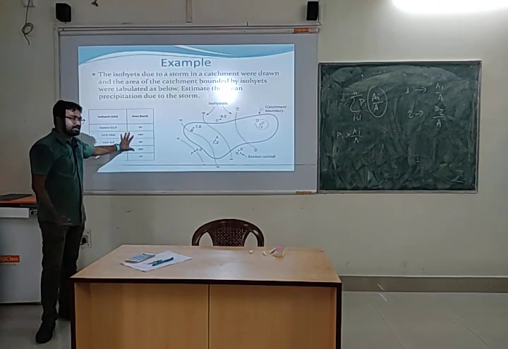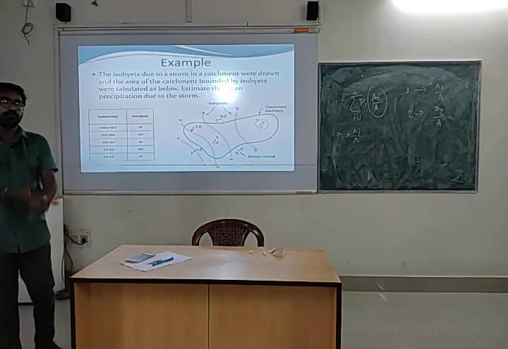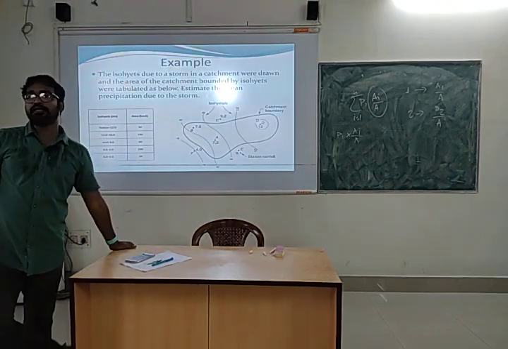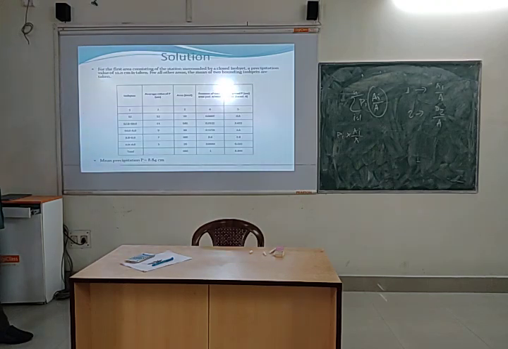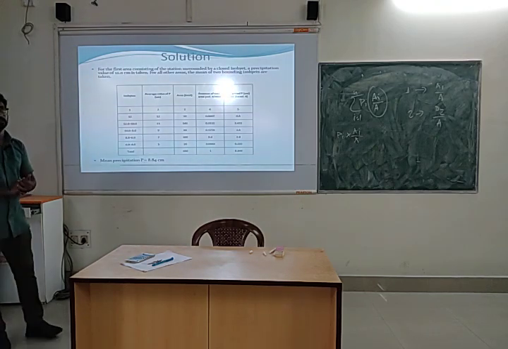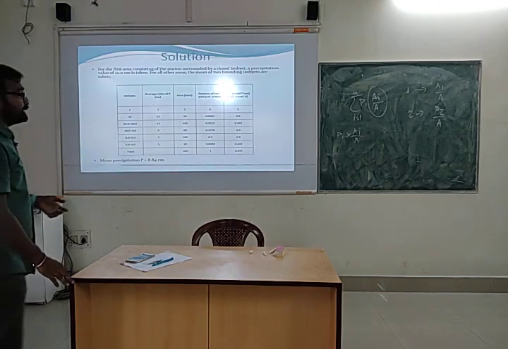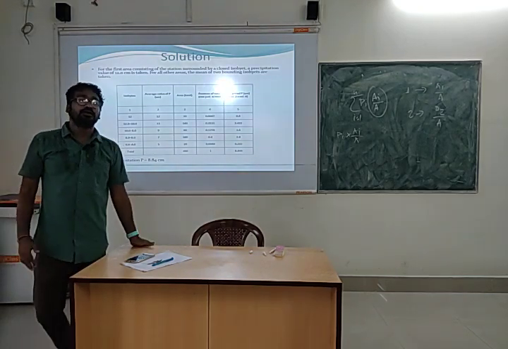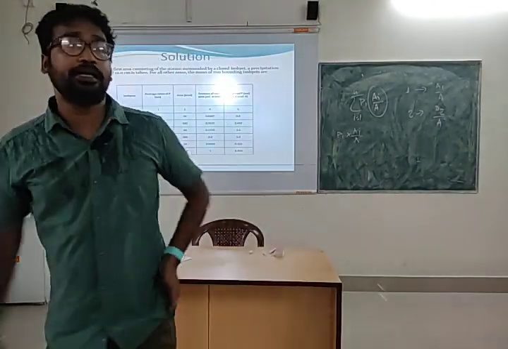Now if areas are given, it is easy. Simply put in the formula, you get the value, right? Simply put the values, you will get the total area, and the formula is the same. Tell me, for the isohyets, what is the formula? Isohyetal method.